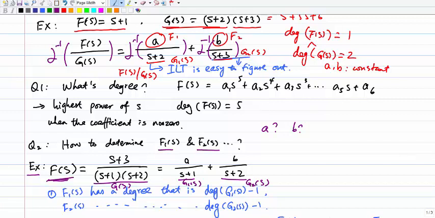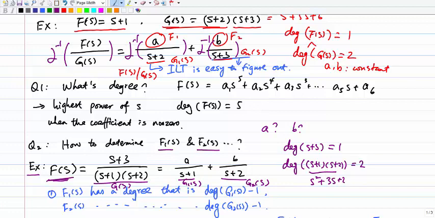The degree of the numerator, s + 3, is 1, and the degree of (s + 1)(s + 2) is 2, because this is s^2 + 3s + 2, so the highest power of s is 2 with non-zero coefficient. So it satisfies the partial fraction decomposition. This one can be written as A divided by s + 1 plus B divided by s + 2.